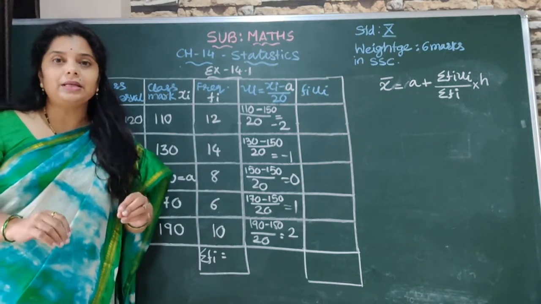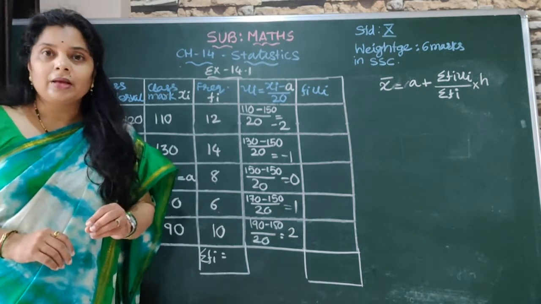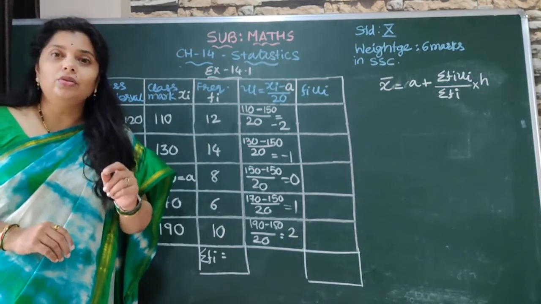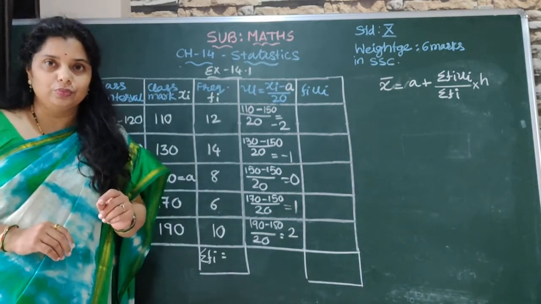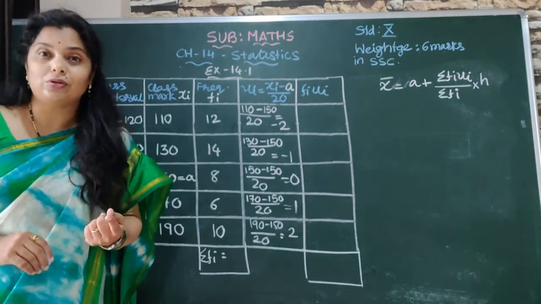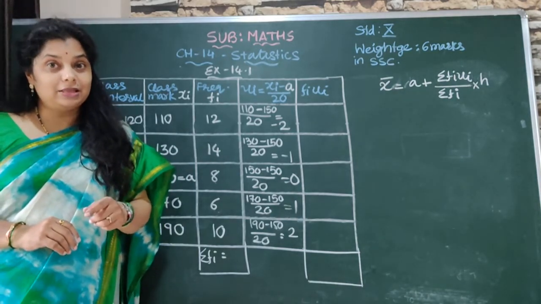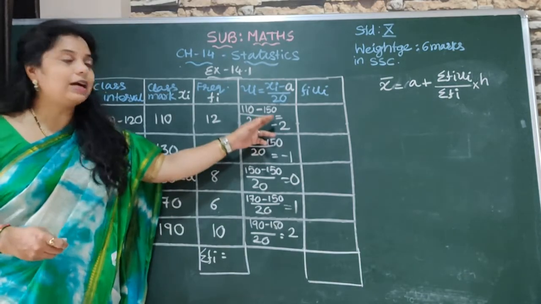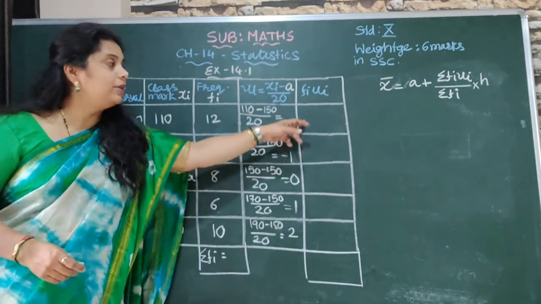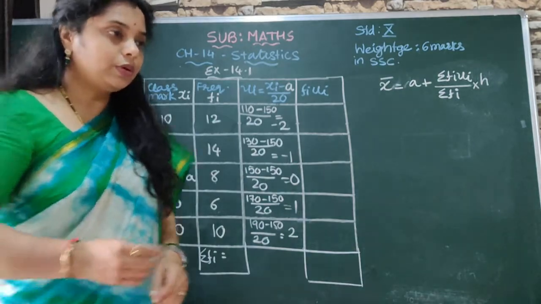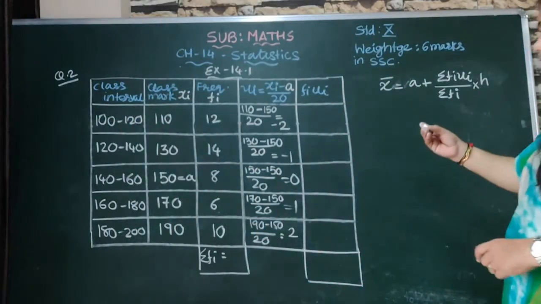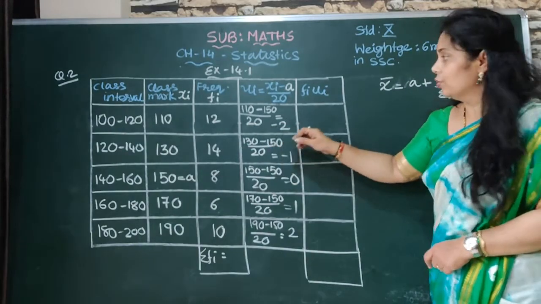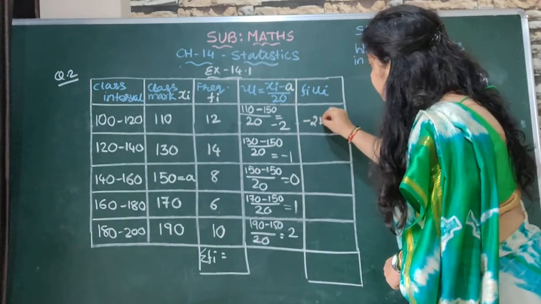Mathematics is a subject of logic. You have to apply your logic, not just hard work; you have to do smart work also. So you will get a better result in less time. Okay, let's calculate the fi ui. Now 12 into minus 2 is minus 24.